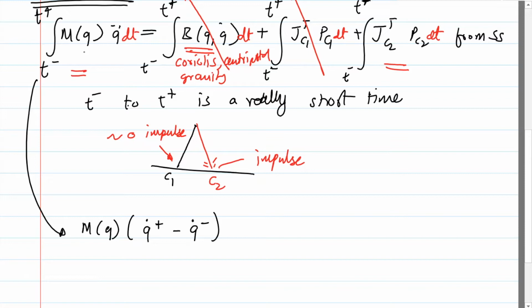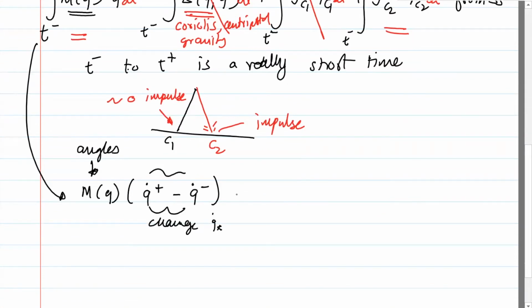I can pull M out because the M matrix is a function of angles, and for that brief instant when the foot hits the ground, the angles are not going to change. It's only the velocity and the acceleration which will change. So the q dot will change, which is why we can take the mass matrix out and keep q dot plus and q dot minus. So that's the first part.